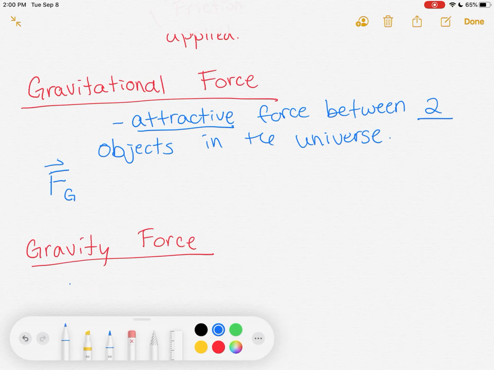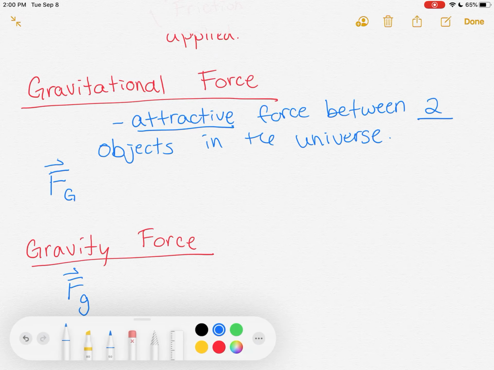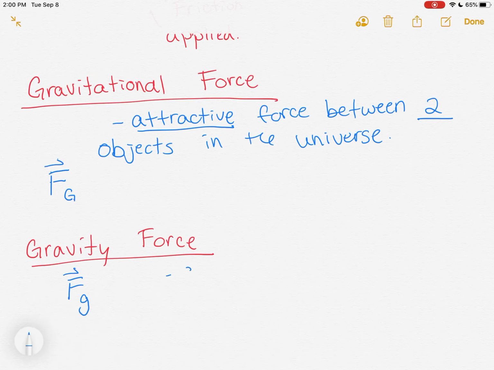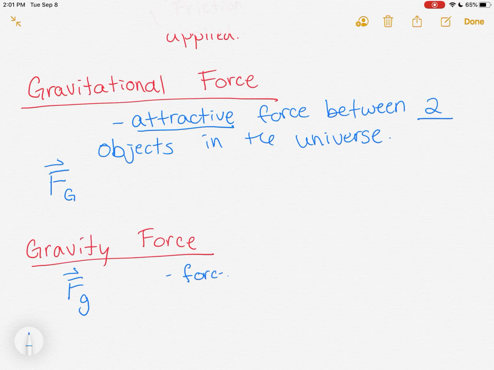Our gravity force is going to be noted by our F, of course, and a little g. Okay, and the gravity force is the force between a huge object, and by huge I mean the size of a planet.